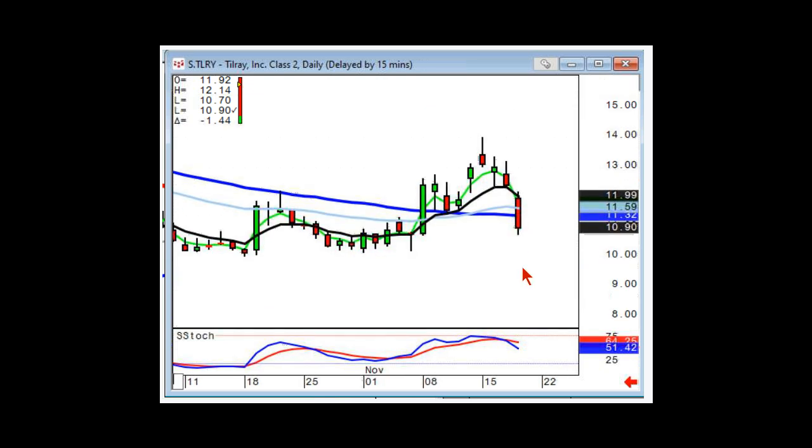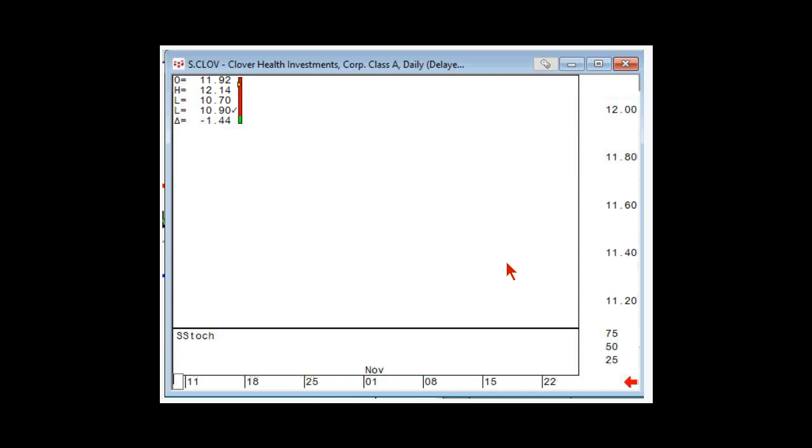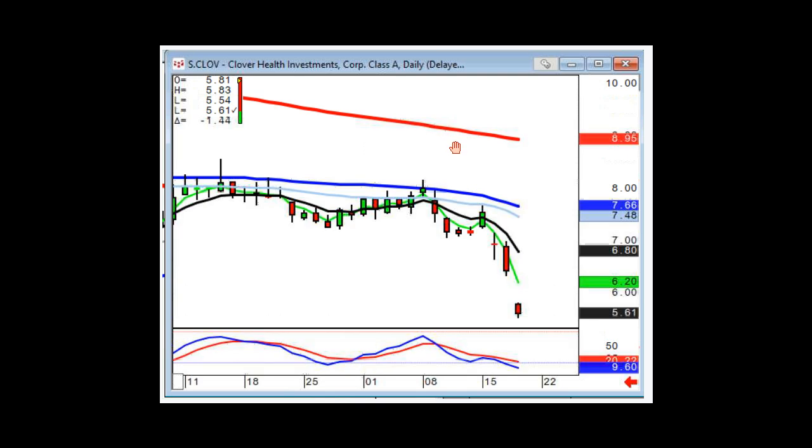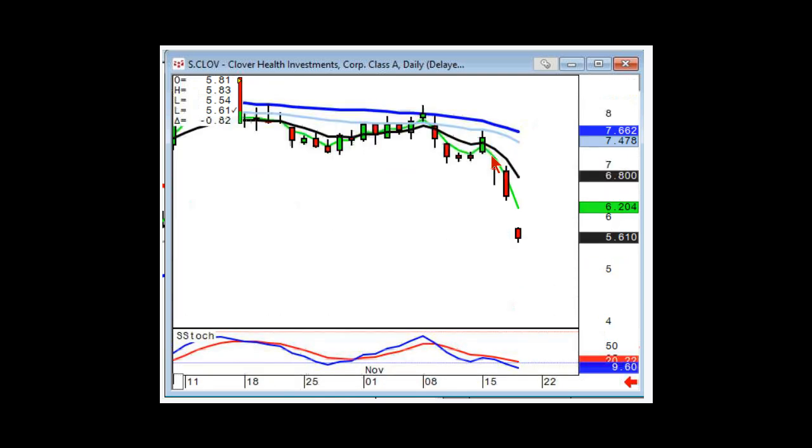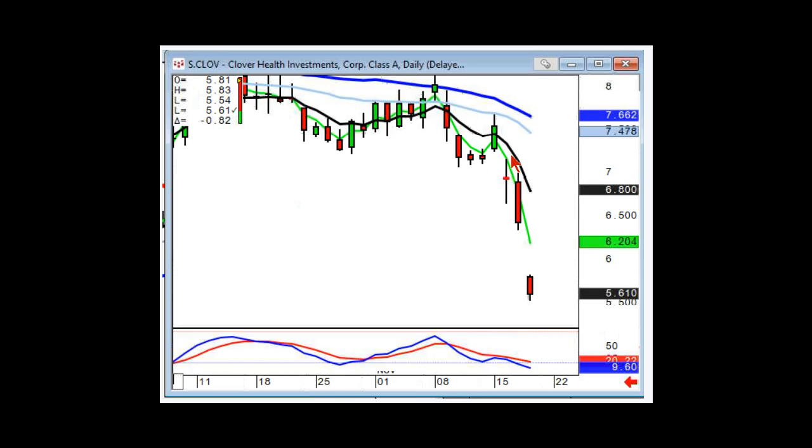Another one, TLRY, failed at the 50. Might have a lot more downside. And CLOV, that's a bearish flutter kicker signal. Was somebody asking about that earlier? Like how you had a green candle down below the previous day's open and did a doji.